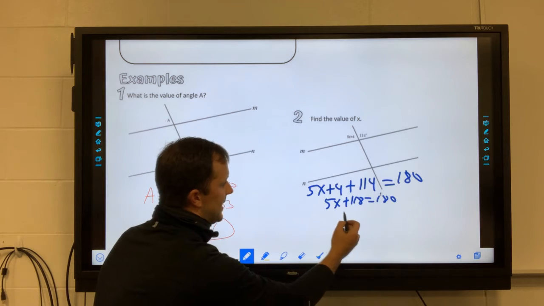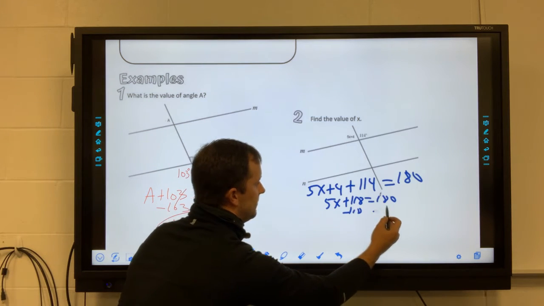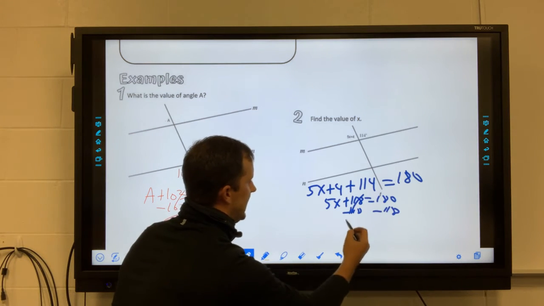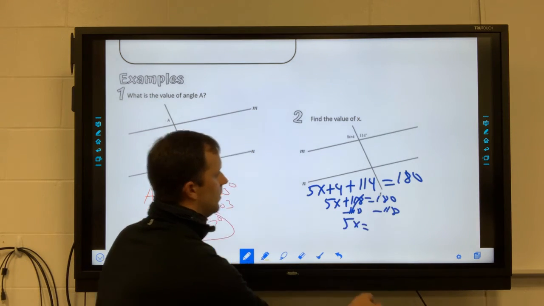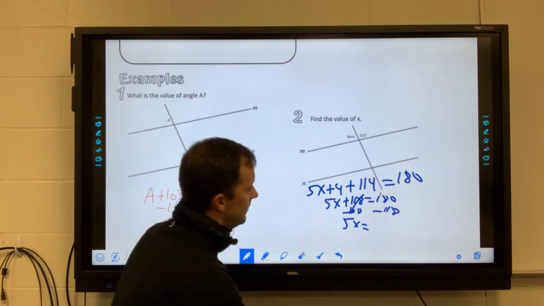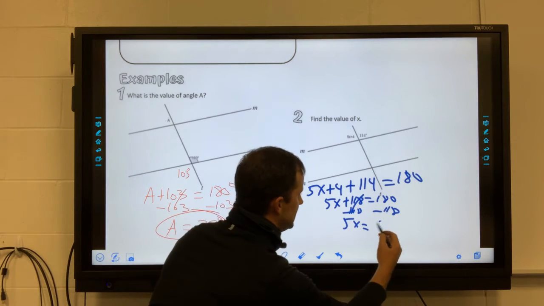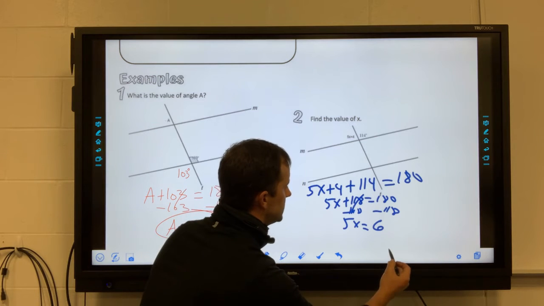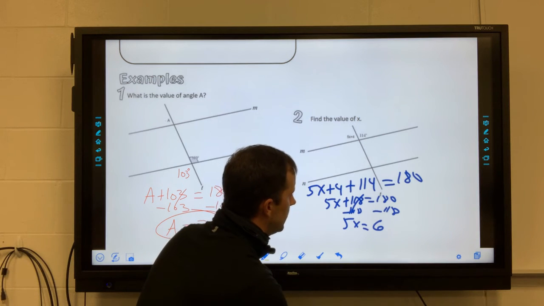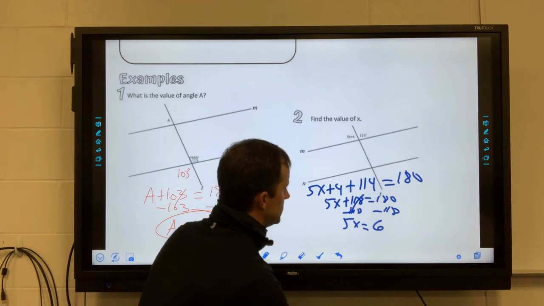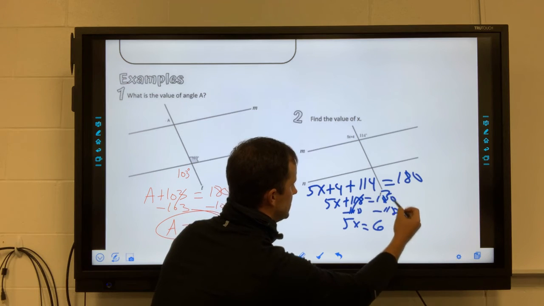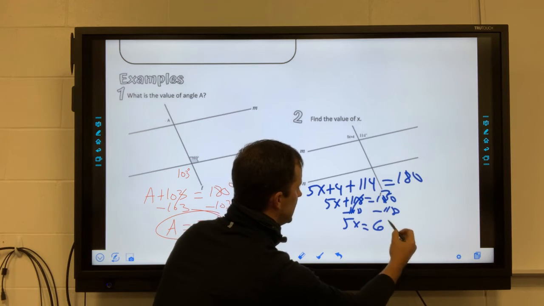Okay, to get 5x by itself, I'm going to subtract 118 on both sides. So it's going to cancel. So 180 minus 118, taking 100 away from that gives 80, and taking away 18 more gives 62.